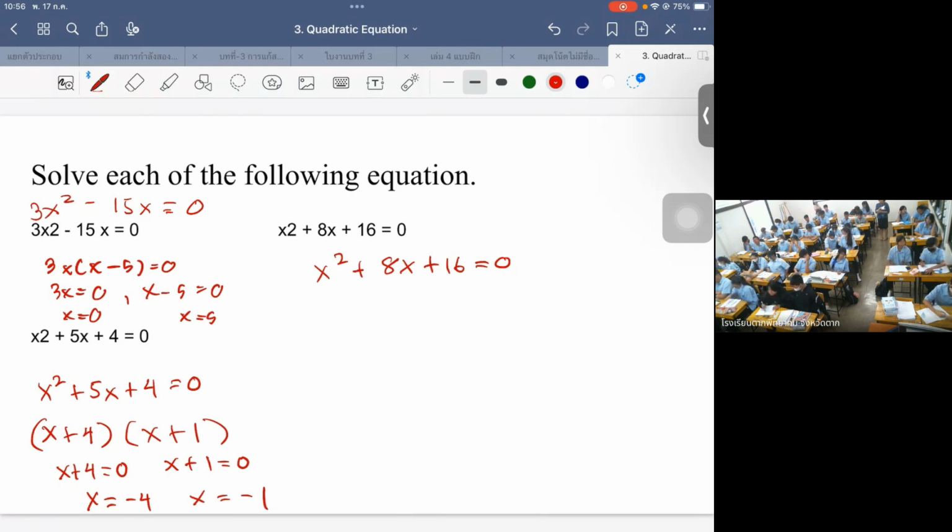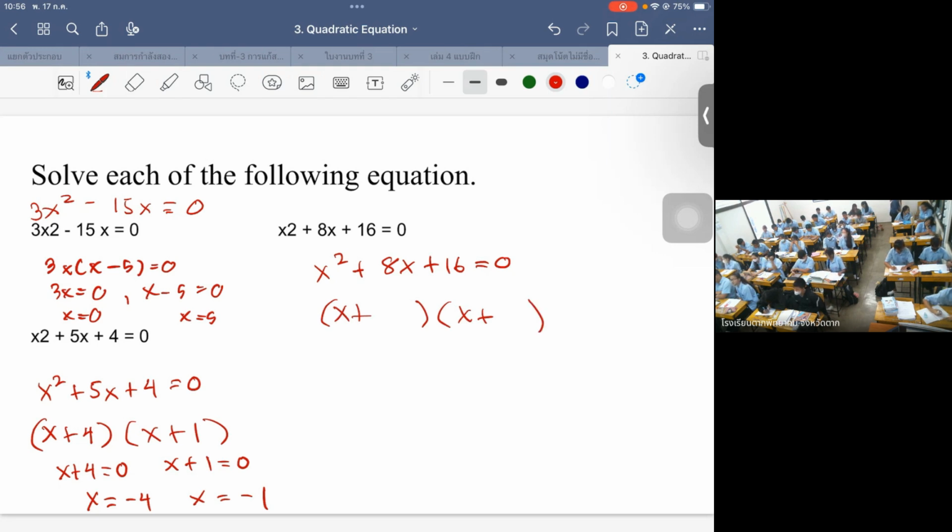Alright? So next, we have x squared plus 8x plus 16 is equal to 0. So again, the method is multiplication frame. So we need to get the factor of this equation. So plus, plus.